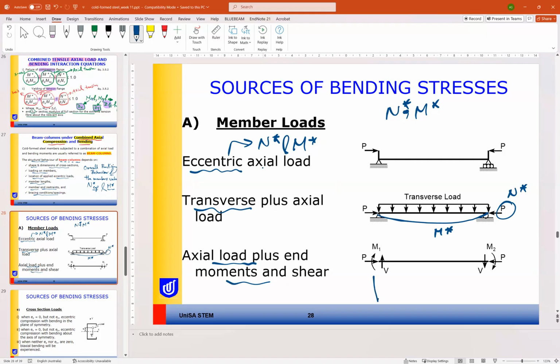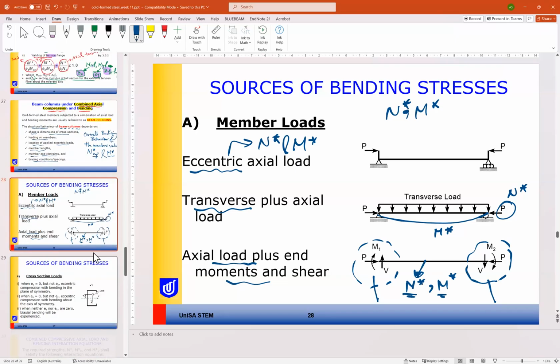If you have a frame connection here, for example, if this is a frame, the column will transfer shear and moment to the beam. So this member is a beam column because it is under N asterisk and M asterisk. So these are three cases of sources of bending and axial stresses on our members.